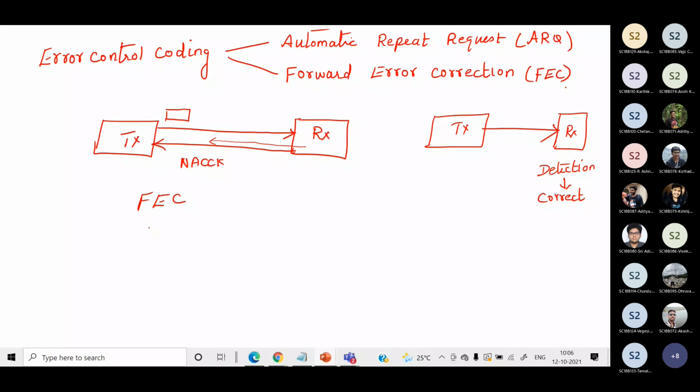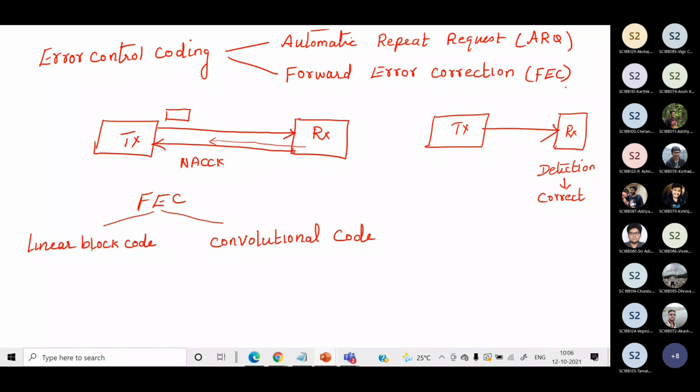This forward error correction code is generally classified into two classes. One is linear block code. Another one is convolutional code. These are the major classifications of forward error correction code.